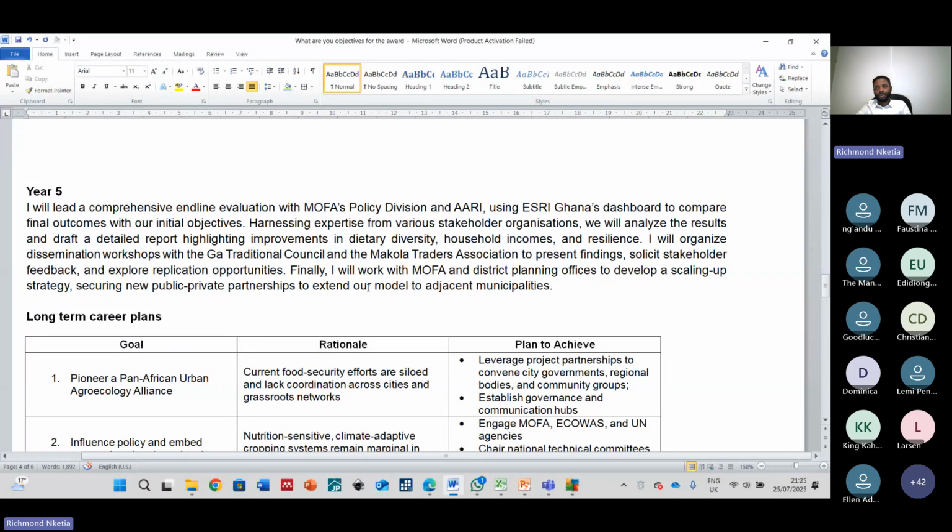Finally, we would work with the Ministry of Food and Agriculture and district planning officers to develop a scaling up strategy, securing new public-private partnerships to expand the model to adjacent municipalities. Then you end it. So that's your short term, 5 years. This is what you want to achieve.